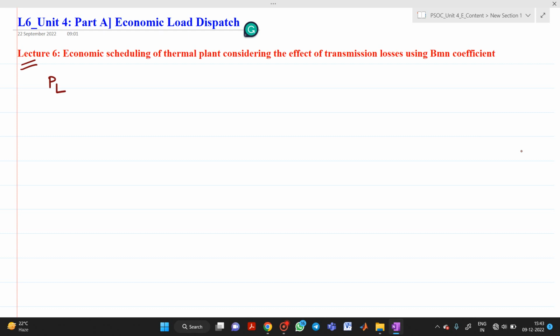The transmission loss is expressed without loss of accuracy as a function of real power generations. The power loss is generally expressed in the form of beta coefficients, also called loss coefficients. So we always write this beta, it is nothing but a loss coefficient. Now let's start with the derivation of this topic.